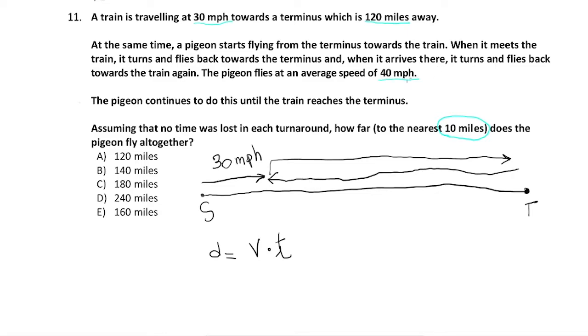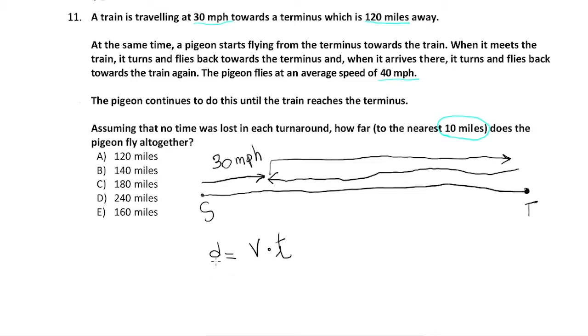For example, 40 miles per hour east. We have a direction, or south, or west, or north. This is a direction, and this is a vector. So when we use this formula for the velocity, we have to think about the displacement. When we use this formula for the speed, we have to think about the distance.